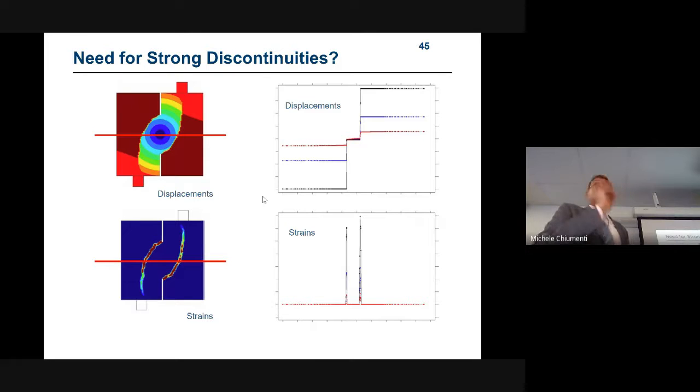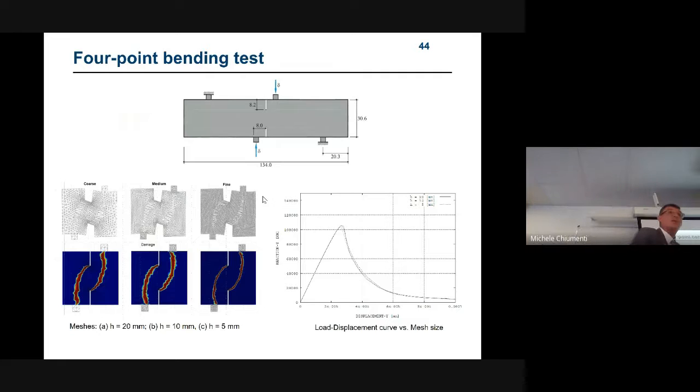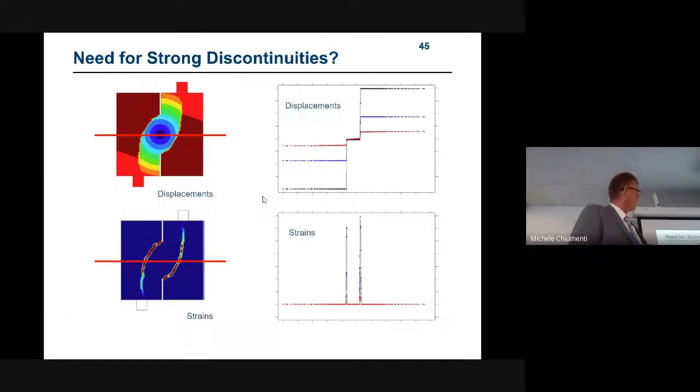Another detail. If you zoom in on what's going on here, you look at the notch, and you make a cut, and you plot the displacement and the strains.